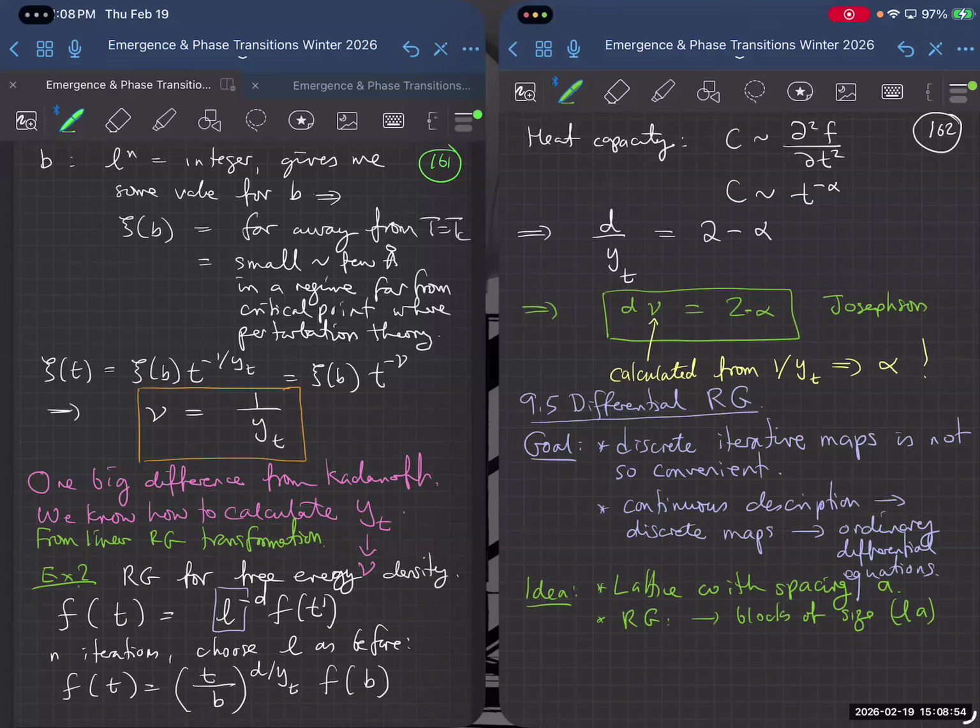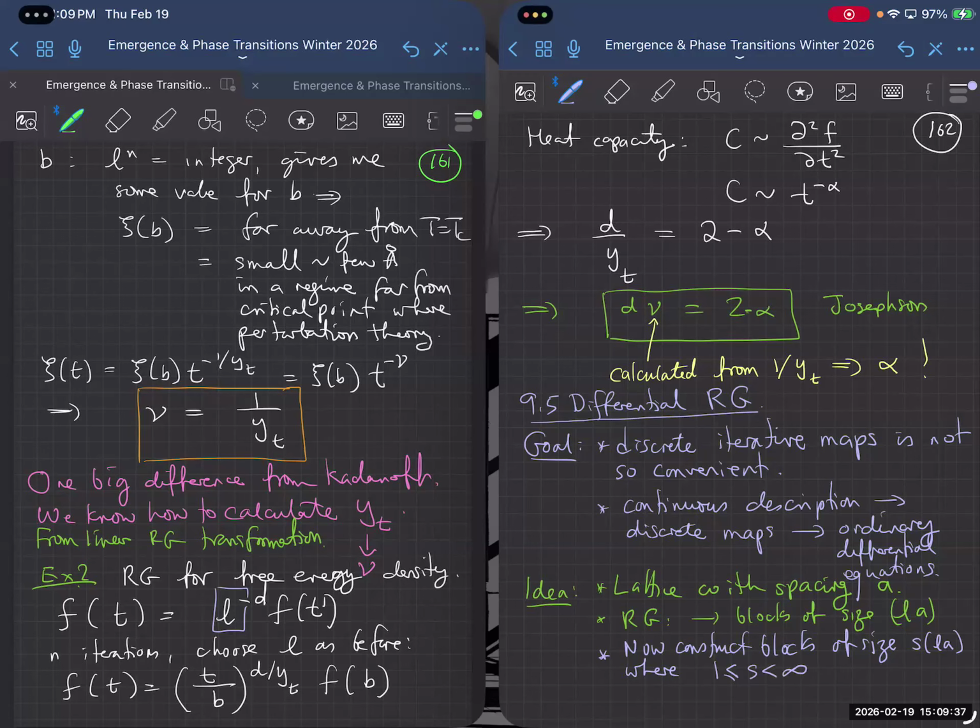You saw already that we kind of think of L as being a continuous variable. We chose L to be such a variable that after n iterations, we're far away from the renormalization group fixed point. So what we're going to do is construct blocks of size S times LA, where 1 is less than or equal to S is less than infinity.